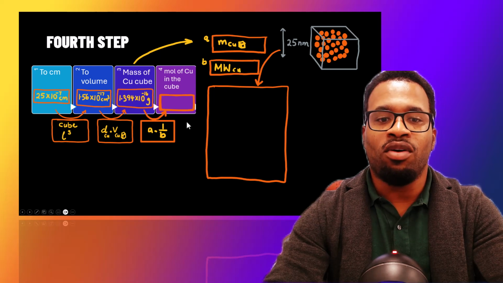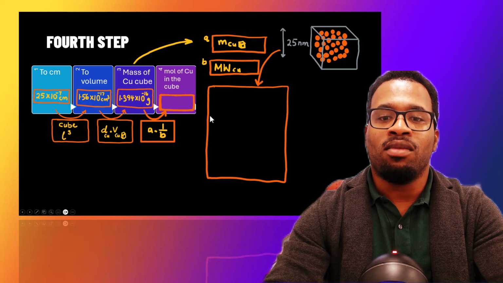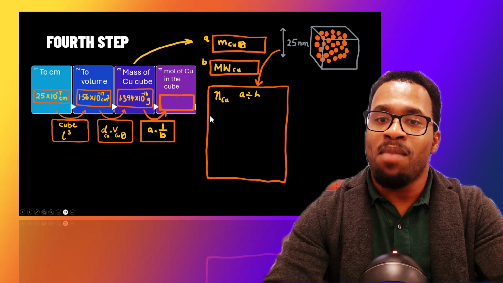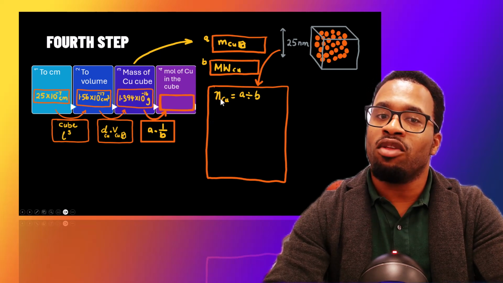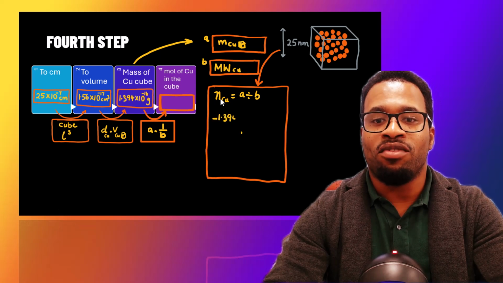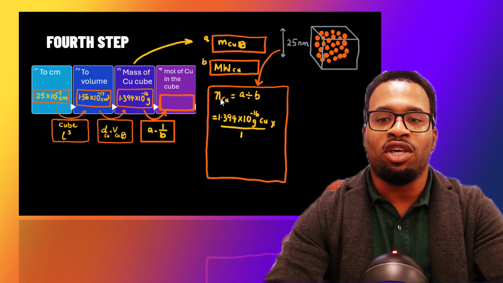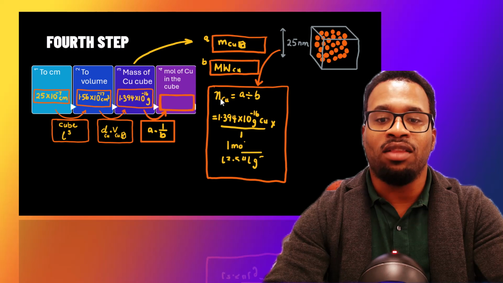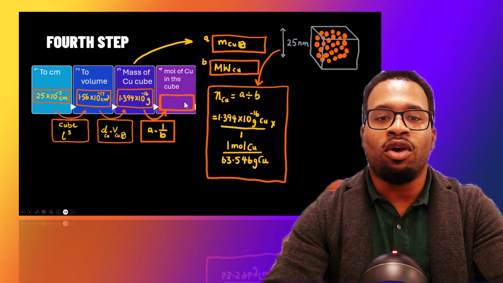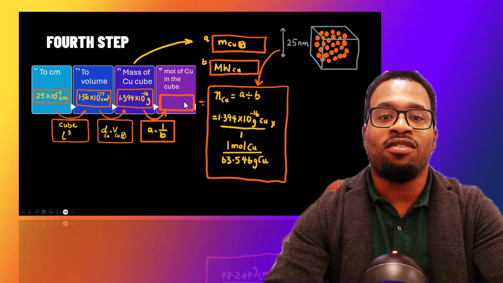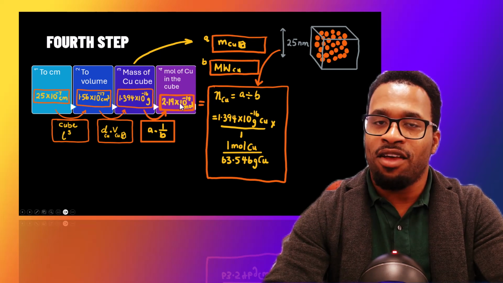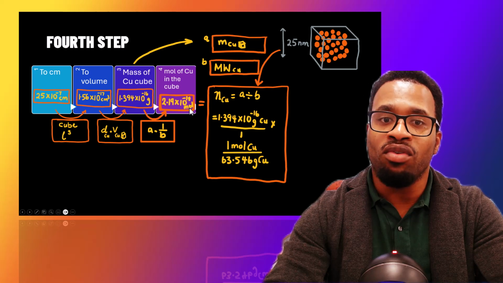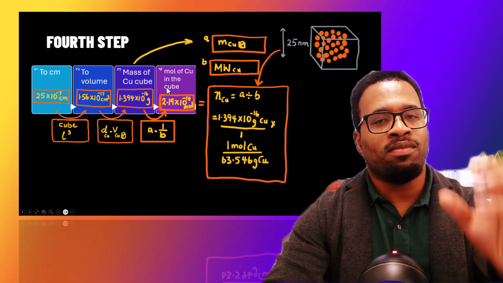All we have to do is divide our mass by the molar mass, and that will give us the number of moles of copper. Once we put our values in the equation, we determine our final answer to be 2.19 times 10 to the power of -8 moles of copper in the cube.